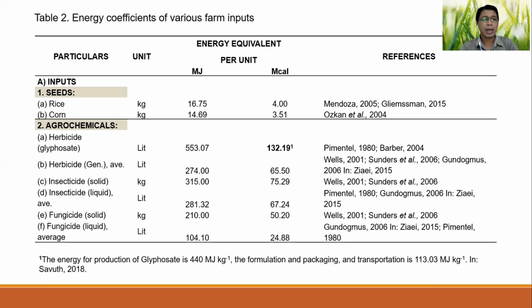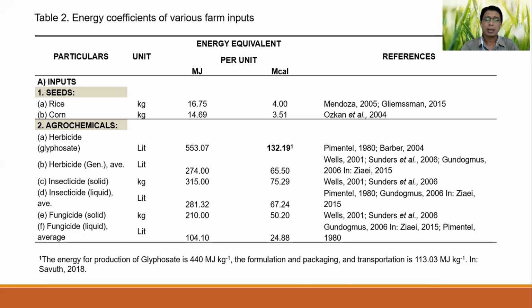Table 2 shows the energy coefficients of various farm inputs. In this table, it shows you the various inputs like seeds used and agrochemicals, ranging from herbicide to insecticide used during farm operations per agroforestry system.